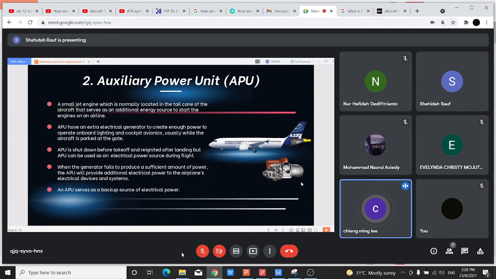During approach, some will also start the APU before they land, so once they land they have the APU ready. But it all depends on the operator's preference. You just add it as a backup.